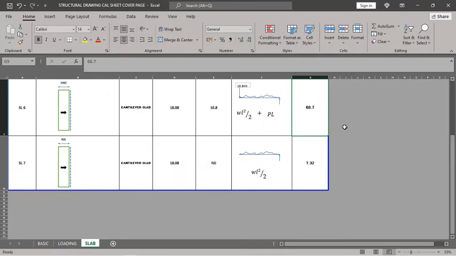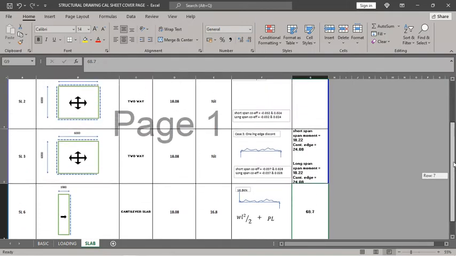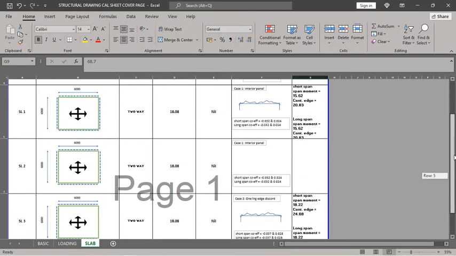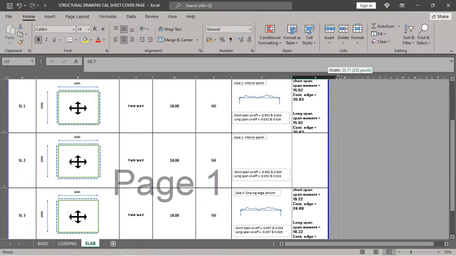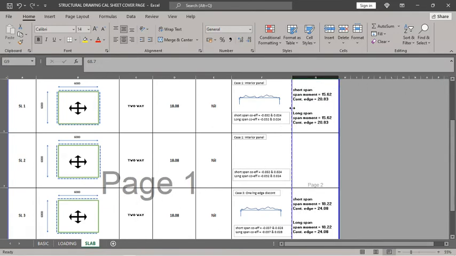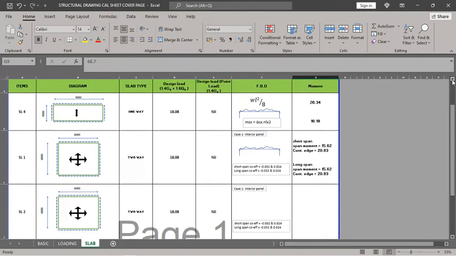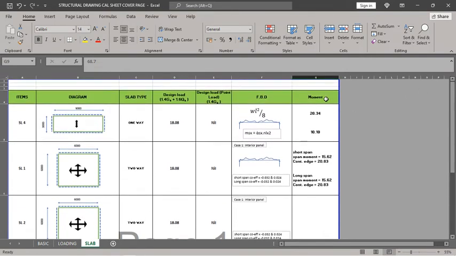This moment will be used to calculate the reinforcement. And for this one also, with the span, this is the moment for that as well. So I hope it is clear from here. It is this moment that is now used to calculate the reinforcement.